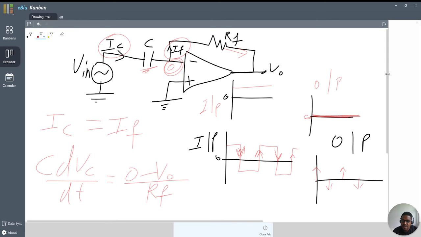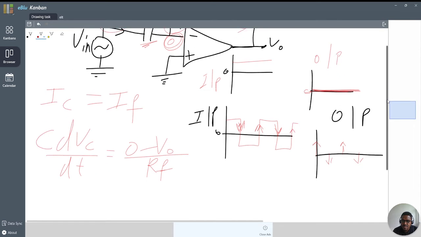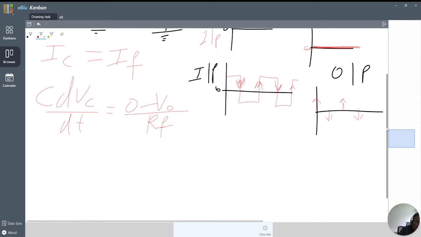When we simplify the circuit, C times dVc over dt equals minus V out over RF.